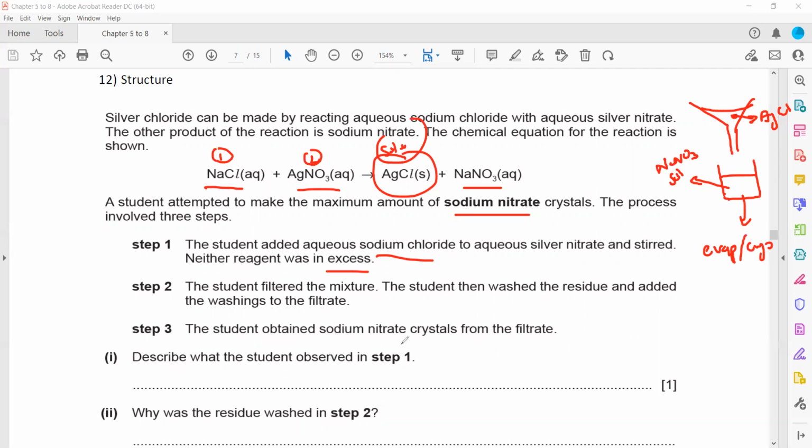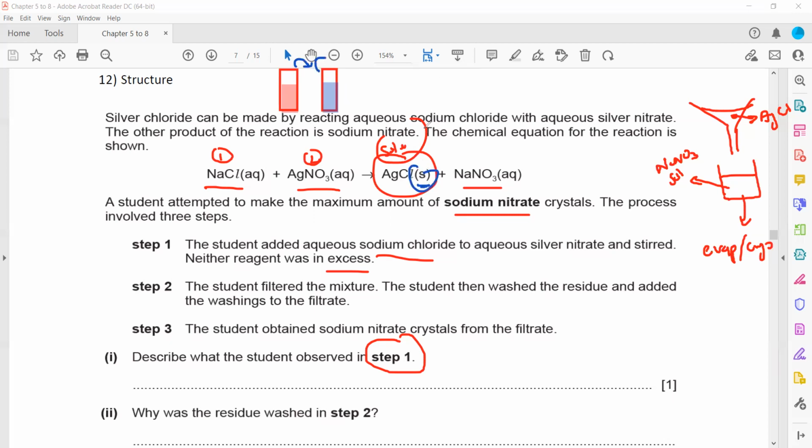Describe what the student observes in step 1. What the student will observe, because the student is mixing two salt solutions. One is sodium chloride, another one is silver nitrate. So when the student mixes the two salt solutions, as a result, silver chloride is formed. It is a solid.